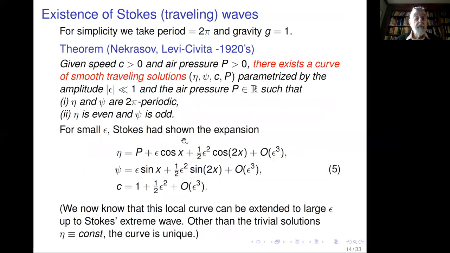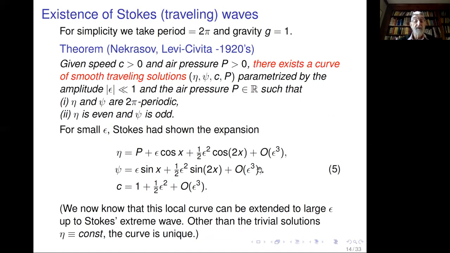And now let me back up just a moment and say that in the 1920s, it was proved by these two people that the Stokes wave exists for small epsilon. And in fact, Stokes, even though he didn't have a rigorous proof of convergence, had the absolutely correct expansion in terms of epsilon for small epsilon.